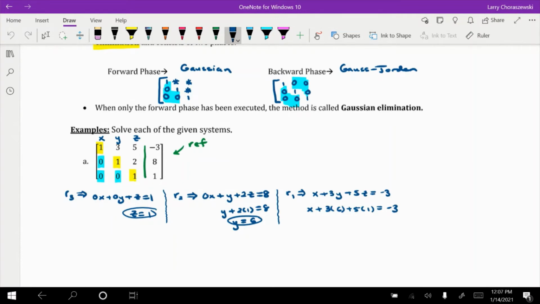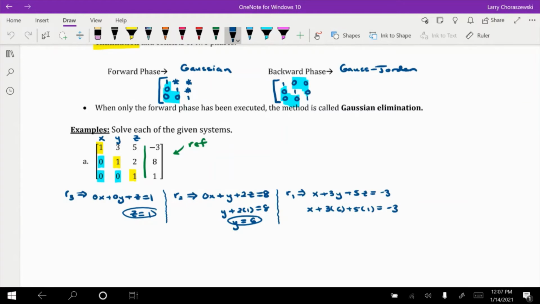Row 3 is the quickest row that gives me information about one of the variables. This process of taking a variable and plugging it back into a previous row, and then taking those values and plugging them back into another previous row, is called cascading.